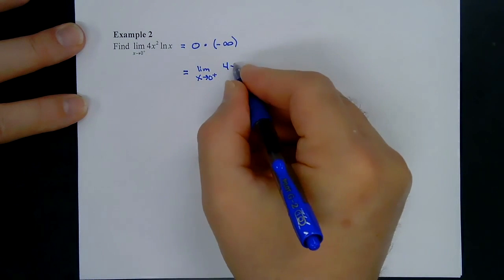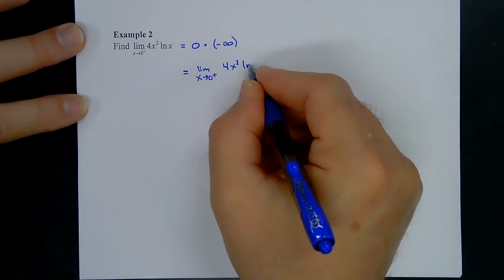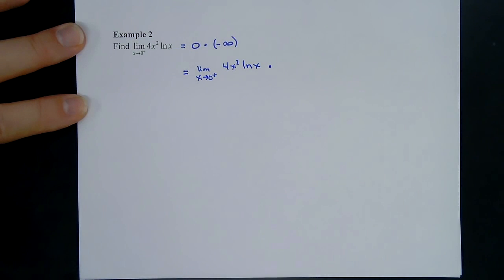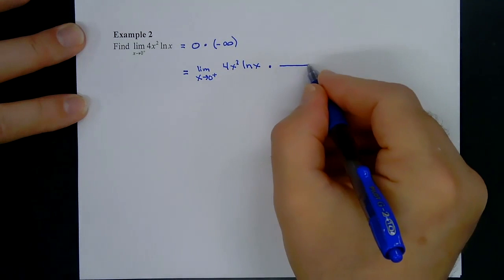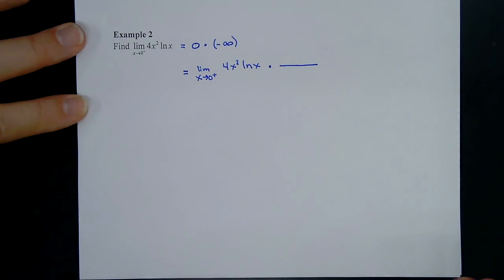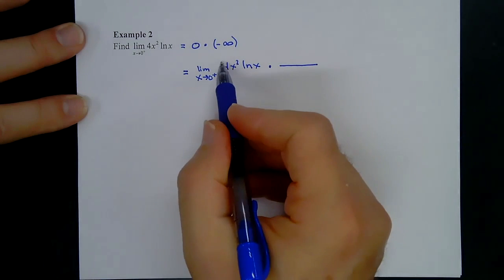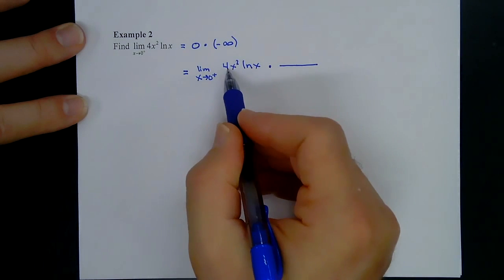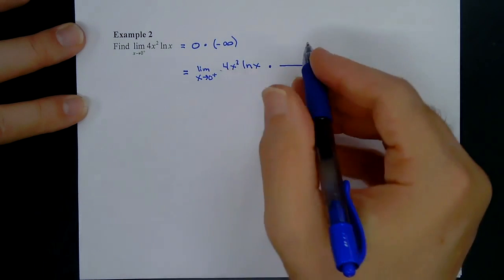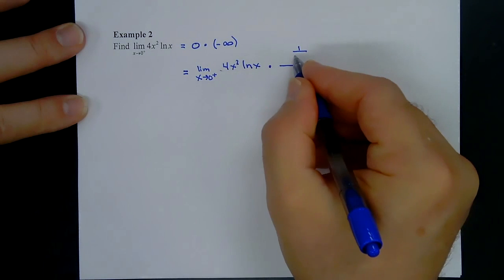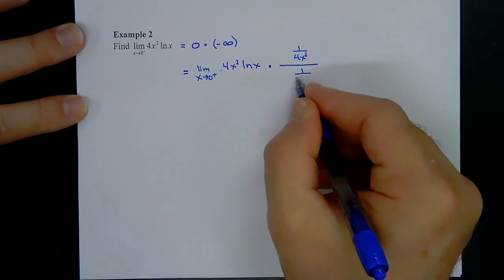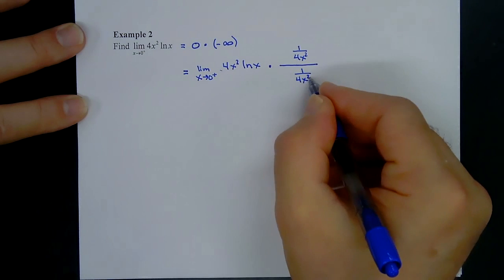We have 4x squared ln of x. I'm going to multiply by, and it could actually be either one, but I'm going to get rid of this right here. The way I'm going to get rid of this is by multiplying by 1 over 4x squared over 1 over 4x squared.